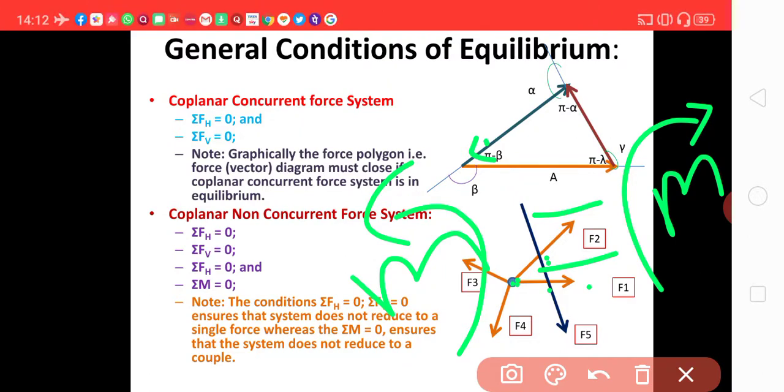This condition is to be added. Thus note it: the conditions summation FH equal to 0 and summation FV equal to 0 ensure that the system does not reduce to a single force, whereas summation M equal to 0 ensures that the system does not reduce to a couple.